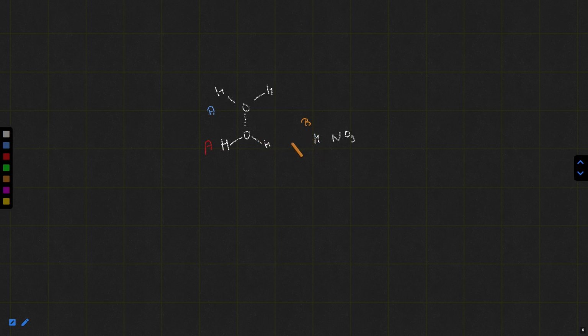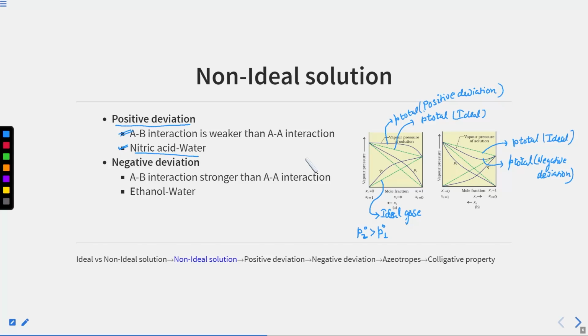Now the interaction between these two, AB, is lesser, right? Sorry for this.